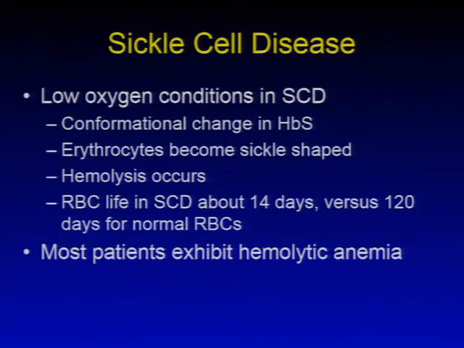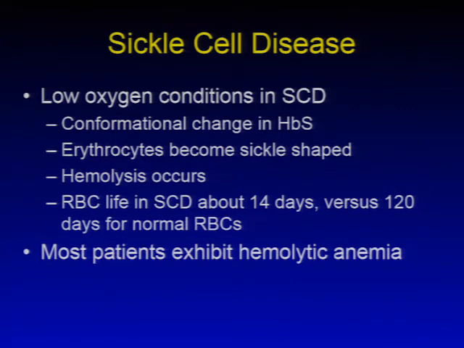Now, the problems in sickle cell disease occur under low oxygen conditions, because that low oxygen condition results in a conformational change in the abnormal hemoglobin S protein. The erythrocytes take on a characteristic sickle shape, which can make their transit through the microcirculation much more difficult, and this will lead to hemolysis.